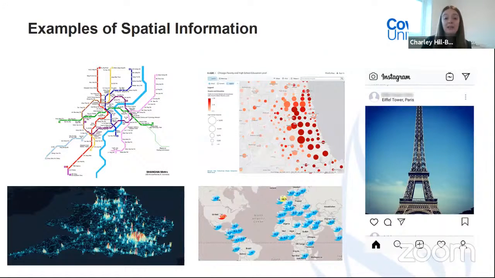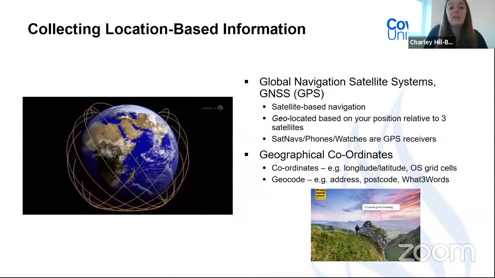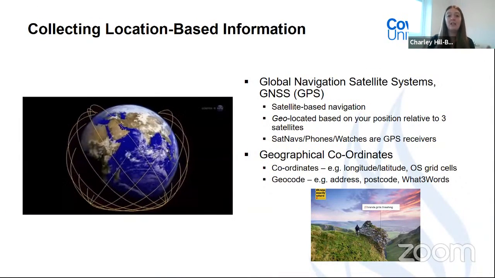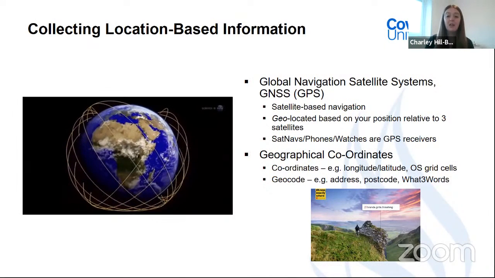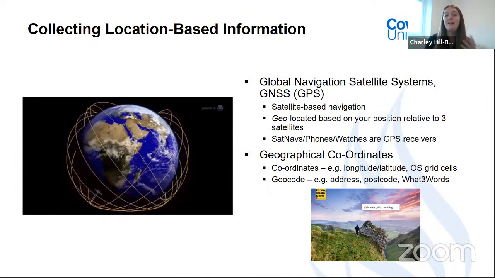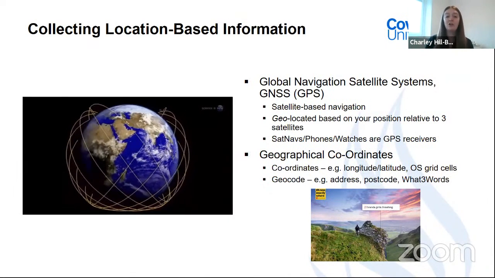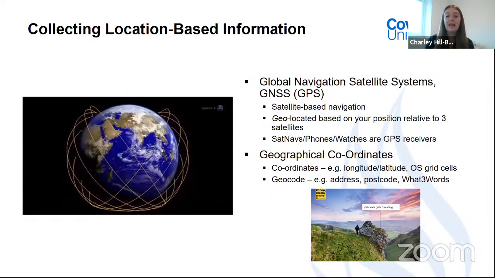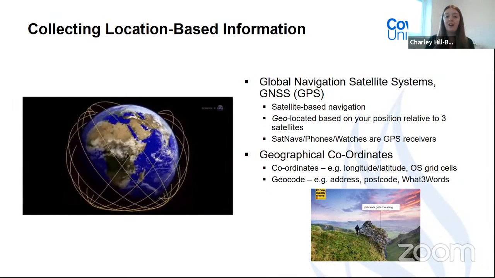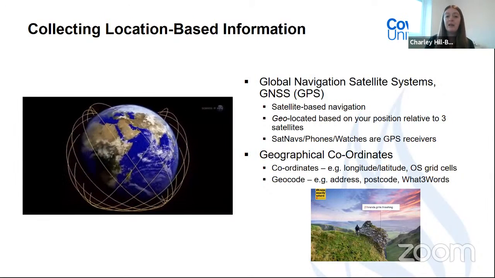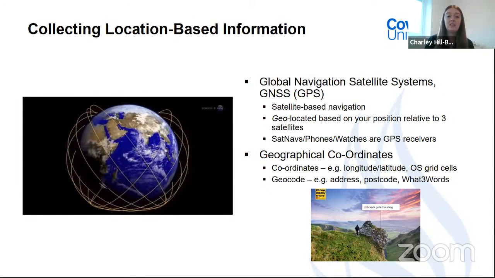And that's useful in terms of spatial information, but it's also useful in terms of the analysis of that location-based information. So thinking about this then, we need to think about where we can get location-based information from. I've mentioned a few already, such as longitude, latitudes, but what we have orbiting our Earth at this moment in time is a global navigation system.